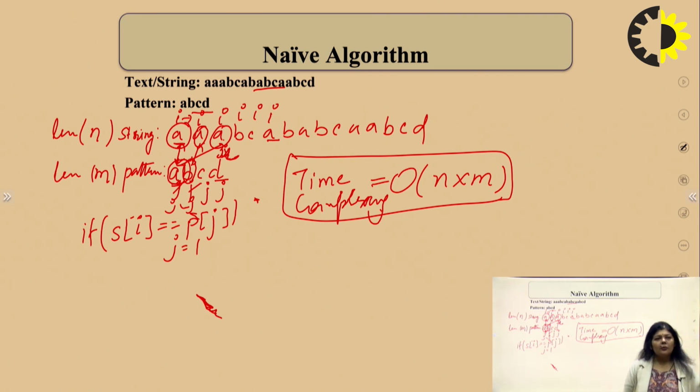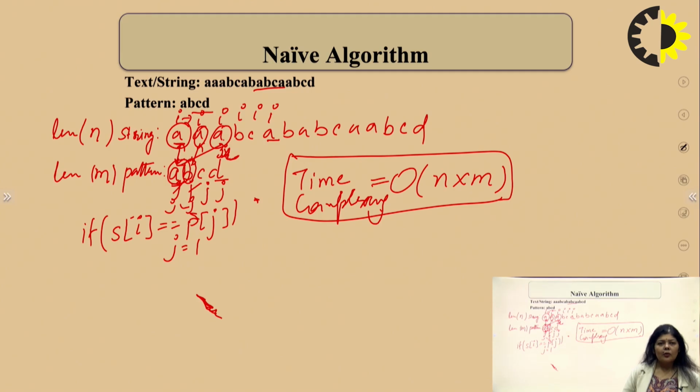Now the problem with this naive algorithm, and another question, is how we can optimize its time complexity. The problem is that we are making multiple passes over the string.